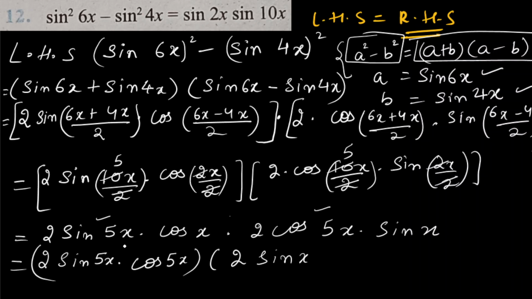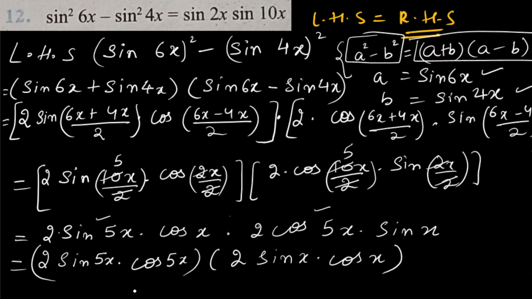Because all the terms are getting multiplied, rearrangement we can do: in multiplication 1 into 2 is also 2, 2 into 1 is also 2. Multiplication is always commutative, that's why rearrangement of the terms we can do. Because we already have two 2's, so 2 sin x into cos x.